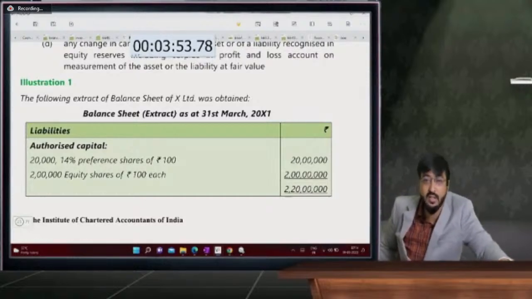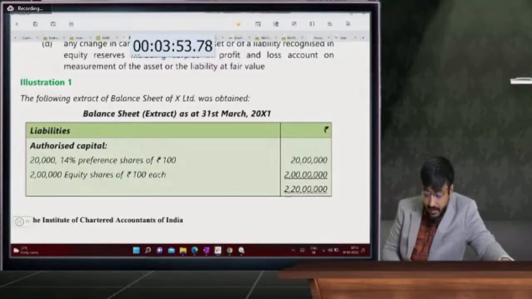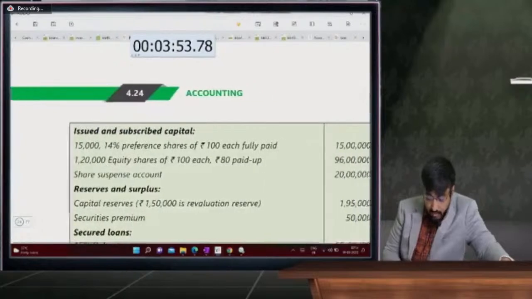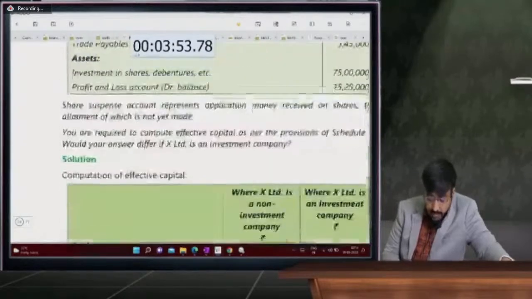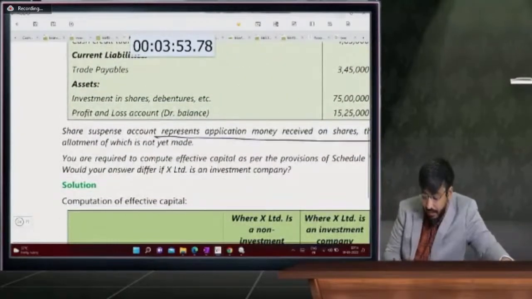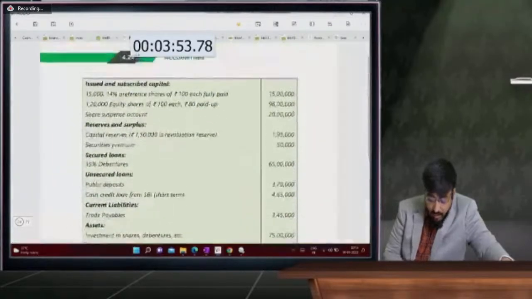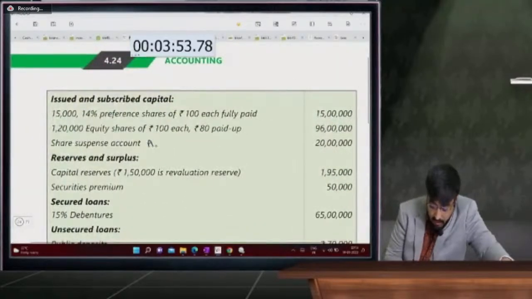The following extracts of the balance sheet were obtained. Authorized capital, as you are aware, is only for presentation, so we won't consider authorized capital. Share suspense account represents application money received pending allotment.